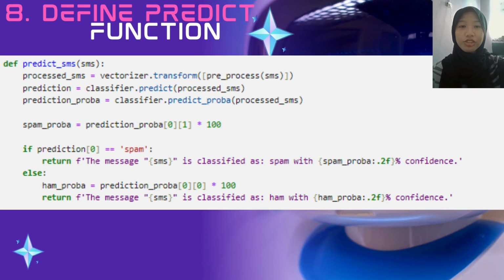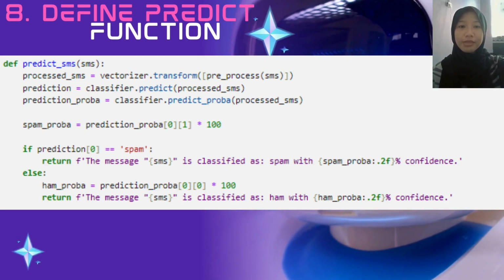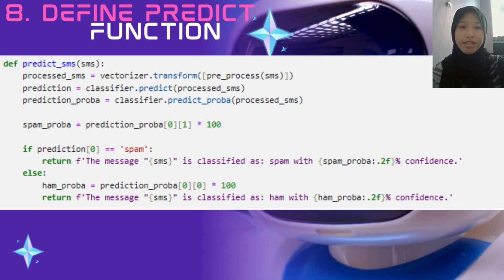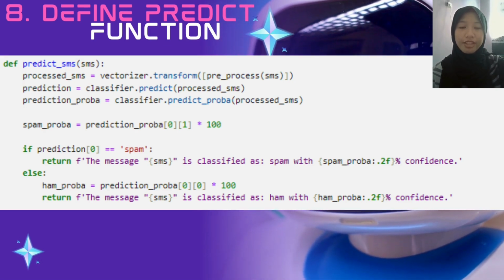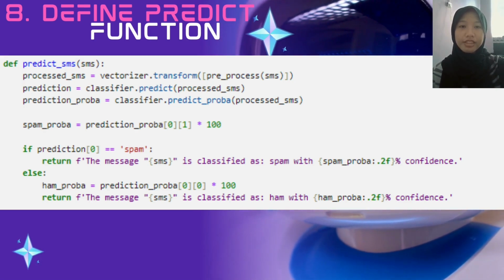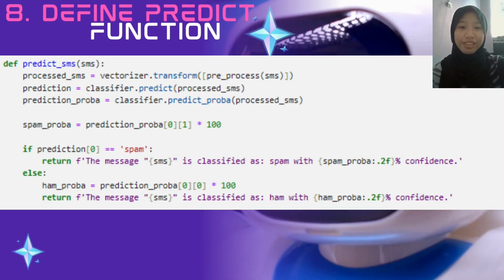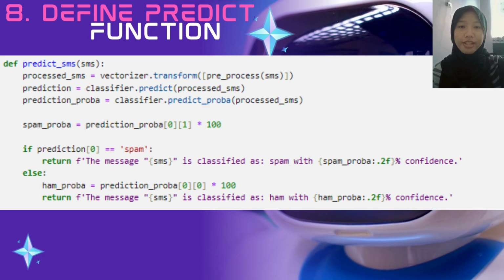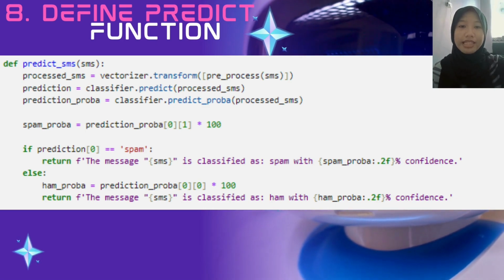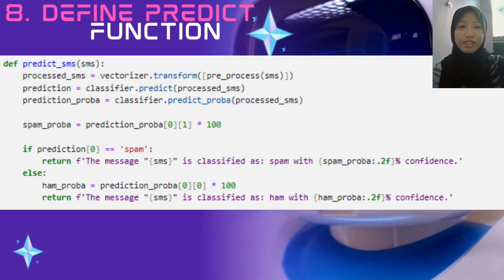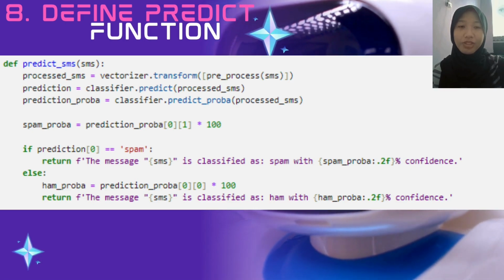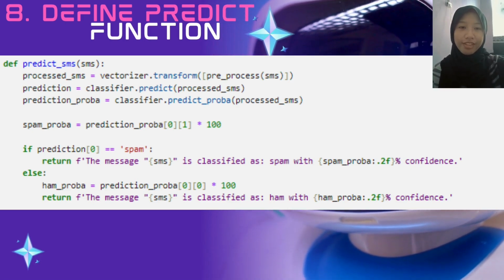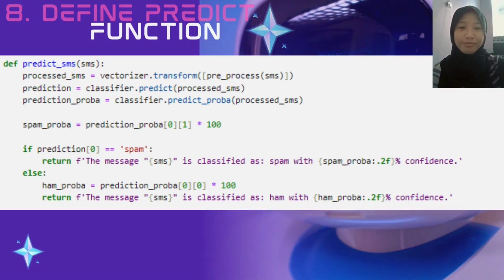The function also calculates the probability of the SMS being classified as spam or ham. If the SMS is classified as spam, the function returns a message indicating it's spam with the confidence level. Otherwise, it indicates that the SMS is ham, again with the confidence level. This function allows us to predict and understand the likelihood of an SMS being spam or not, enhancing the effectiveness of our spam detection system.